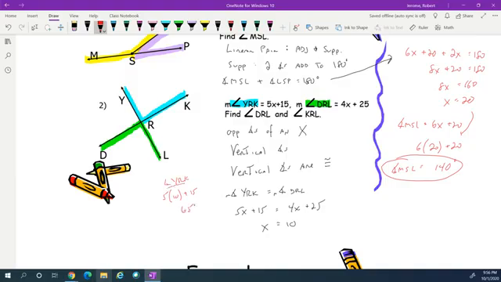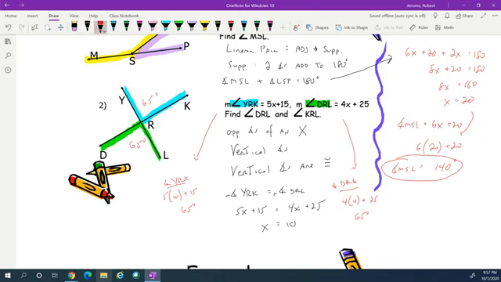So that's 65 degrees. Well, if we plug it into DRL, we're going to get the same thing. We know that. 4 times 10 plus 25 is 65 degrees. They're congruent. They're vertical angles. So we were asked to find DRL. We got it. Angle DRL is 65 degrees.